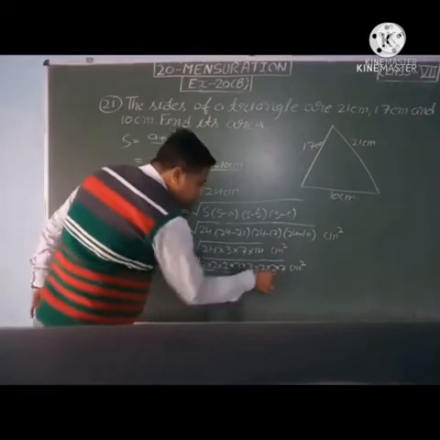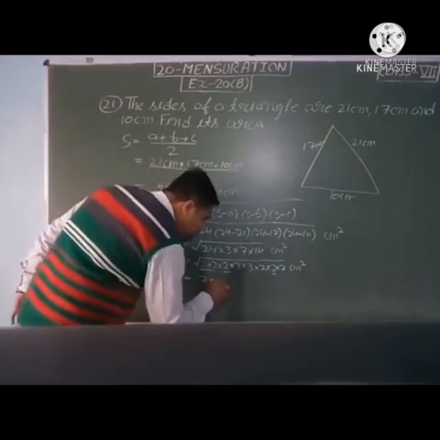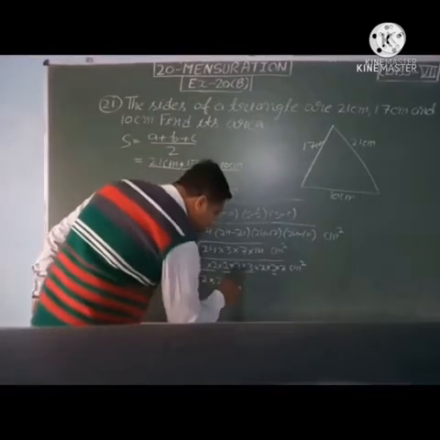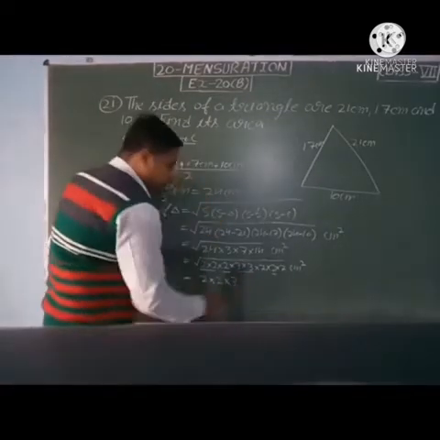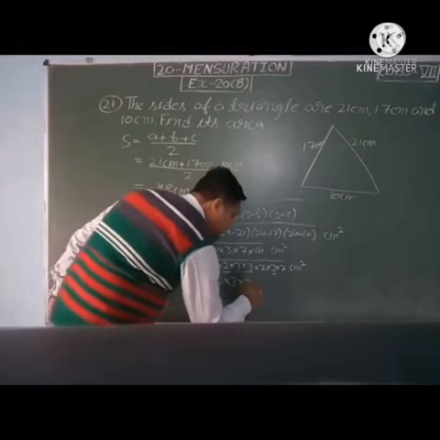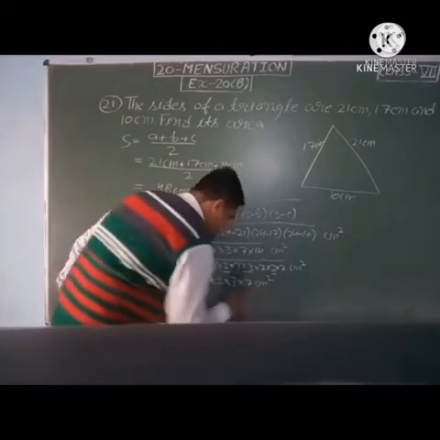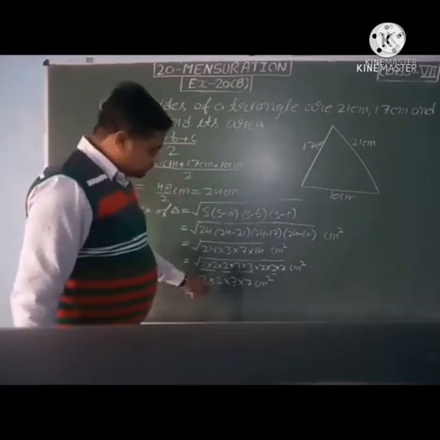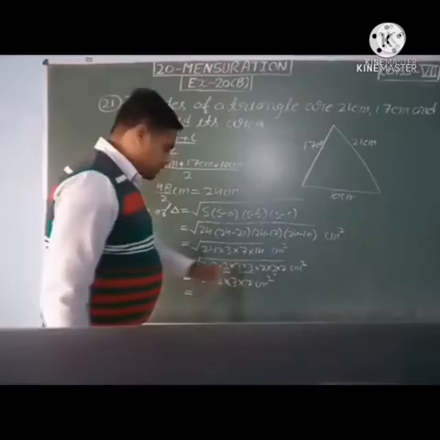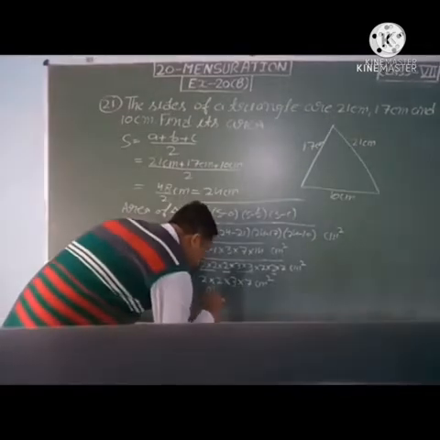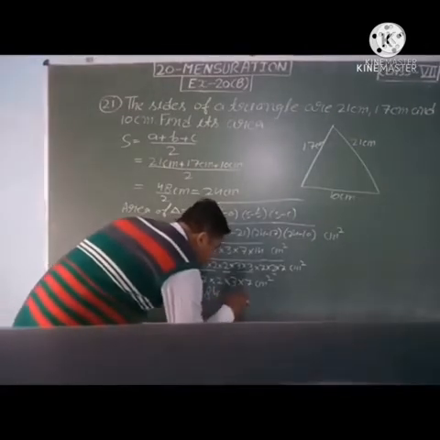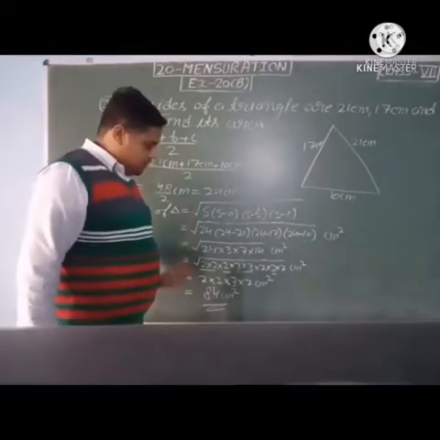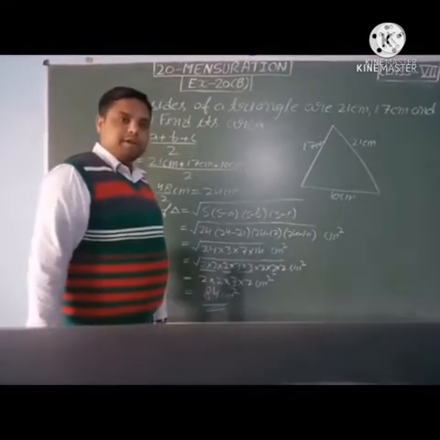This and this, one more we can take. Then for 3 we can take one 3. For 7 also we can take one centimeter square. So it is equal to 2 into 2 is 4, 4 into 3 is 12... 2 to the 4, 3 is 10, 7 is 84 centimeter square. So students, area of triangle is coming 84 centimeter square.